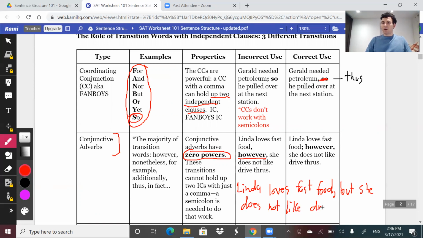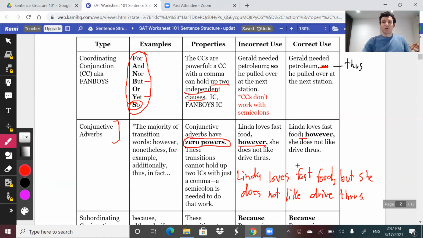We have 2 independent clauses, but we're connecting them by a comma but. But if we insist on using the conjunctive adverb and not changing it to a but or a yet, right? But or yet. If we don't do that, then we have to put a semicolon in front of however. If however is going to hold up two independent clauses, it's actually going to be the semicolon that does the work. Okay, so that's a conjunctive adverb.